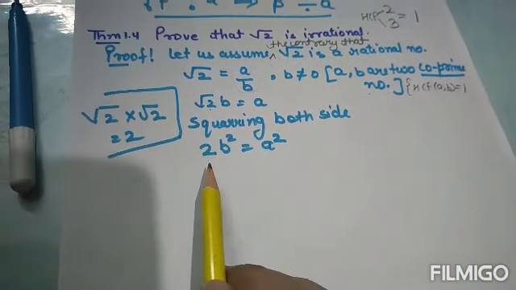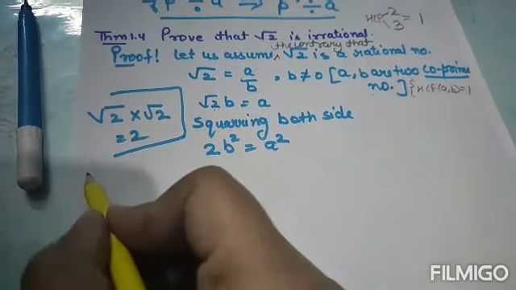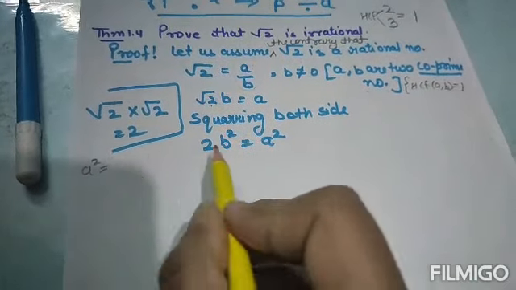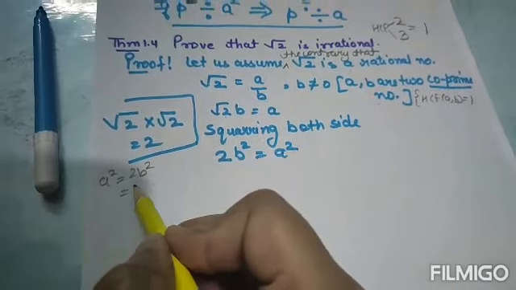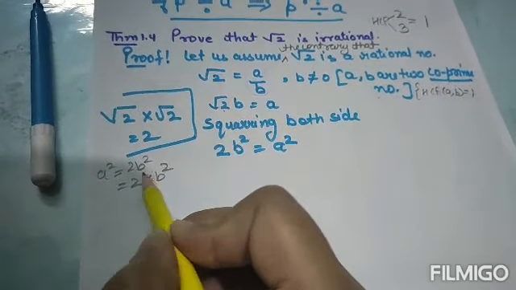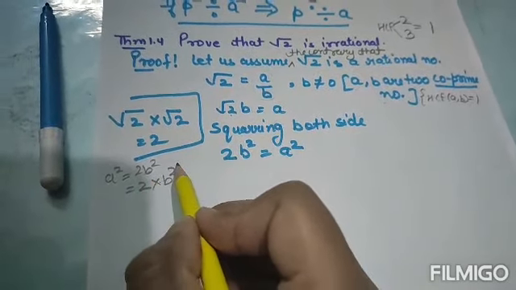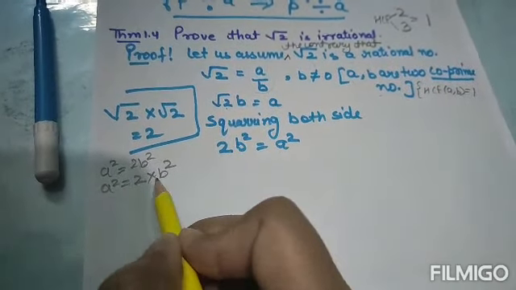Now look here carefully. a square equal to 2b square. What do you mean? That is 2 multiply b square. A square equal to 2 multiply b square.